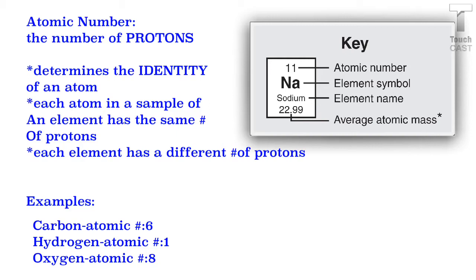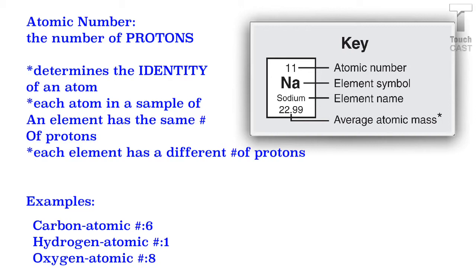So if I look at any atoms of carbon, every single carbon atom has the same number of protons. And every single element has a different number of protons. If I see an atom that has 7 protons, then I know that it is a nitrogen atom and not a carbon atom, because carbon atoms have 6 protons.